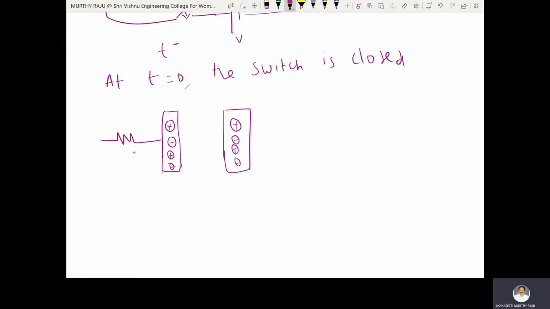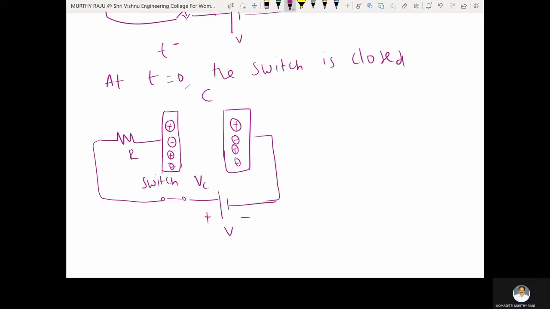This is the resistance, and the capacitor value is C. The switch is suddenly closed and V volts is applied to this capacitor. This is the positive terminal, and this one is negative. The voltage across the capacitor is Vc. On the t axis, at t equal to 0, Vc is also 0.